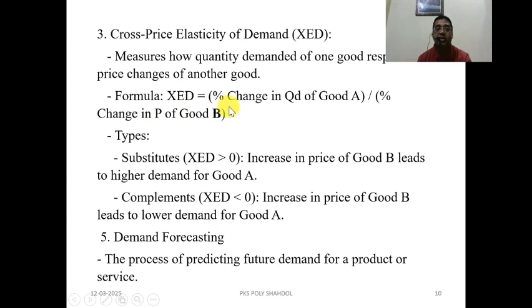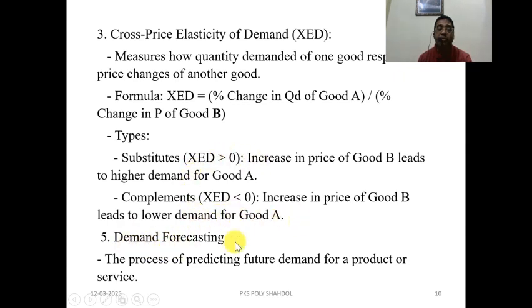The formula is the percentage change in QD of good A divided by percentage change in the price of good B. So this factor may be greater than 0 or less than 0. If it is greater than 0, that means an increase in the price of good B leads to higher demand for good A. And if it is less than 0, meaning negative, then an increase in the price of good B leads to lower demand for good A. This is the decision rule.